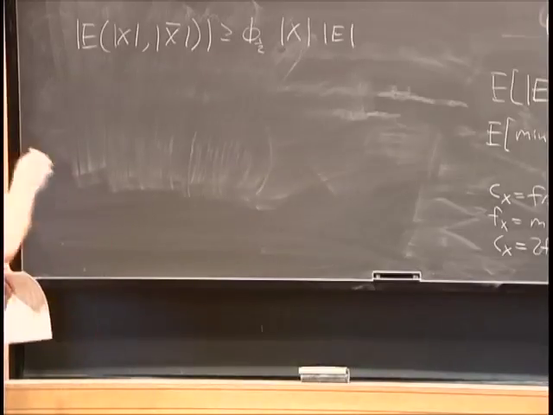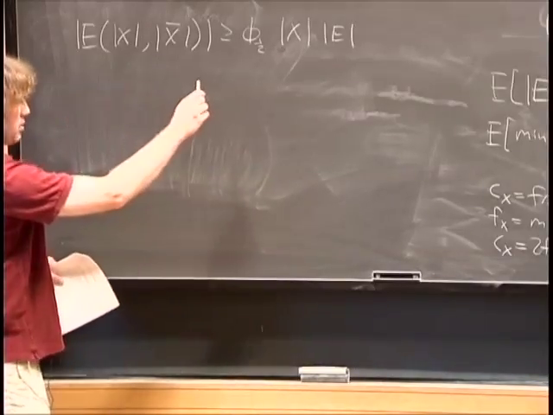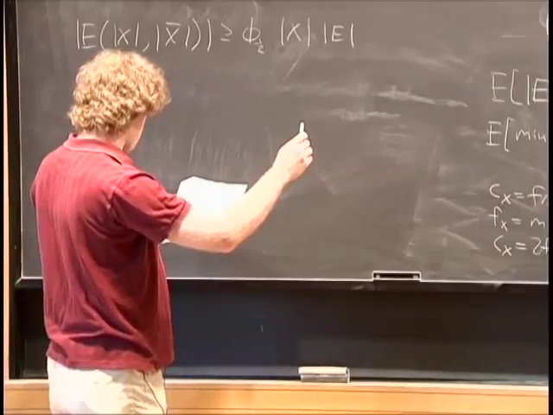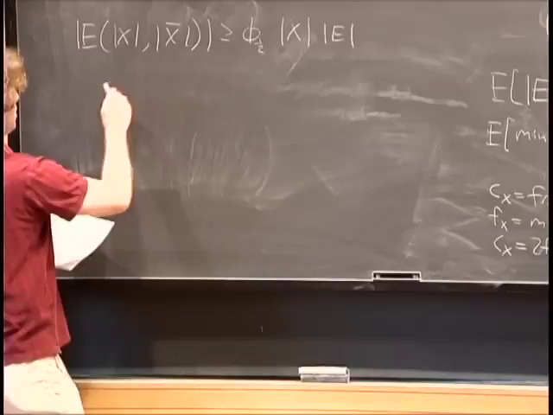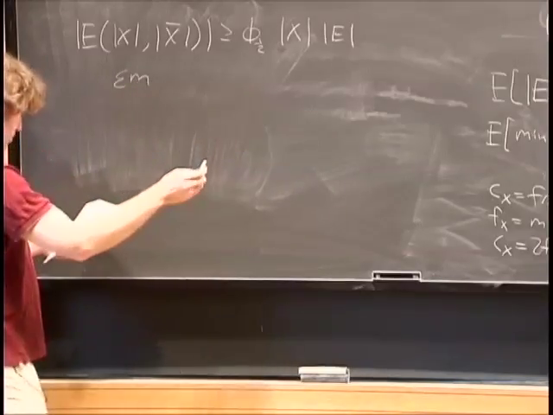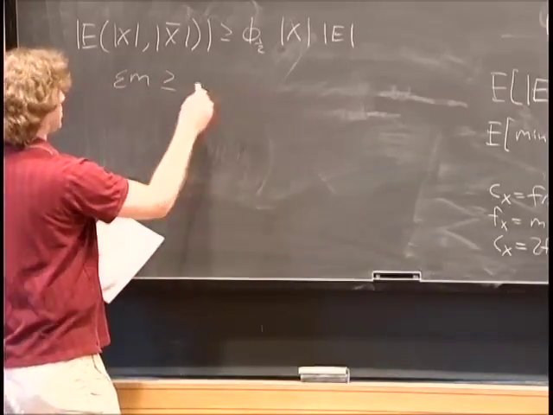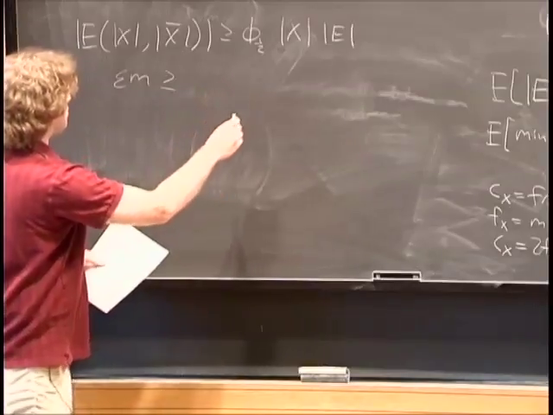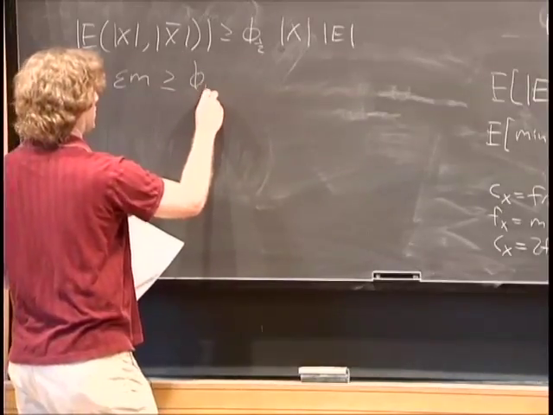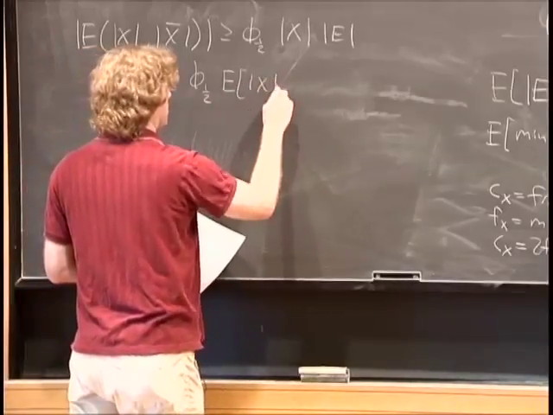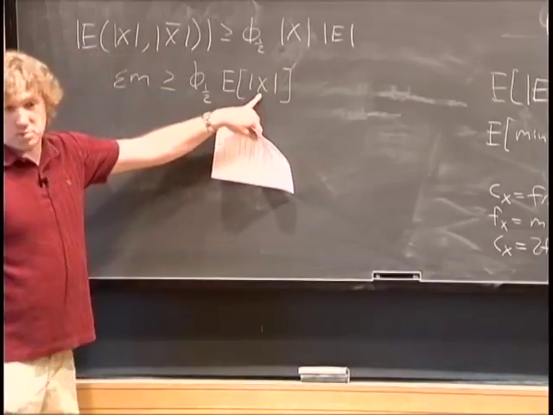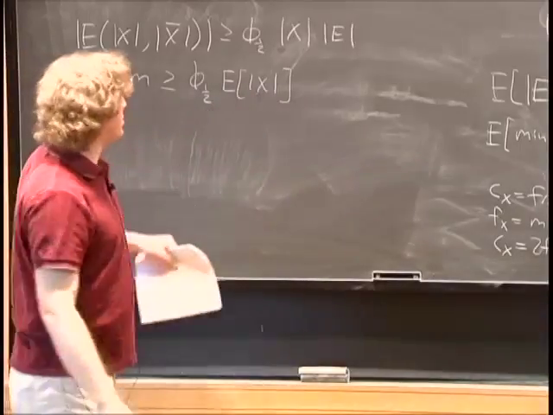Now, let's see. The expected value of this is epsilon m. And here we're really just looking at the smaller side, not necessarily x.